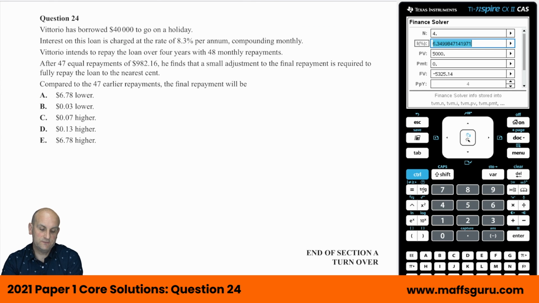Final question in this section. Vittorio has borrowed $40,000 to go on a holiday. Interest on this loan is charged at a rate of 8.3% per annum, compounding monthly. Vittorio intends to repay the loan over 4 years with 48 monthly repayments. After 47 equal repayments, he finds that a small adjustment to the final repayment is required to fully repay the loan to the nearest cent.